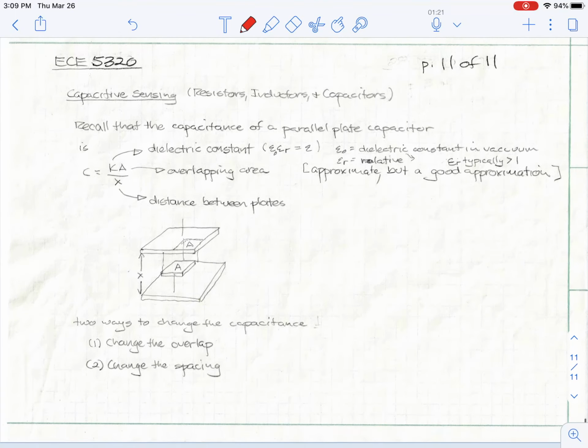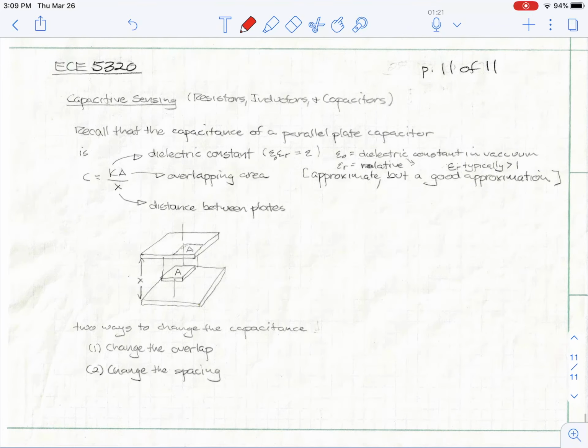And so I can condition that easily. Capacitive sensing also, I can sense with plates, the same thing. I change the overlapped area by sliding this plate back and forth, and I can get a measurement of position.